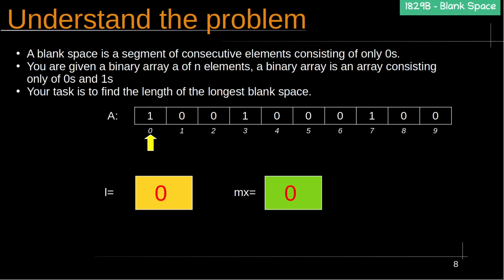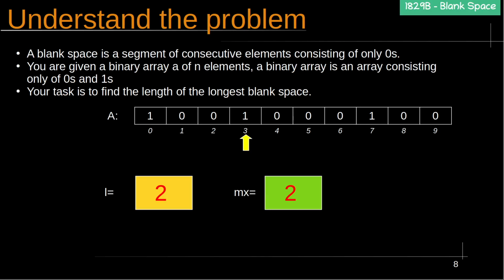We have 1, which is not a blank space. Then at position 1 we have 0, so we add 1 to L, the length of that sequence, and the maximum becomes 1 because we found a sequence of length 1. So we go to index 2 and we have 0, a blank space, so L becomes 2 and the maximum also becomes 2.